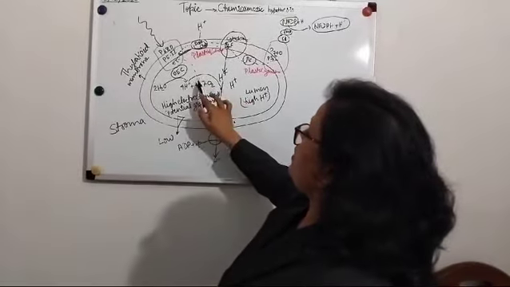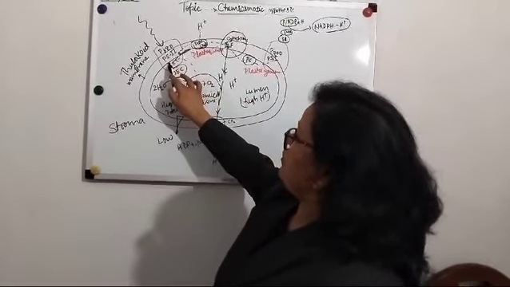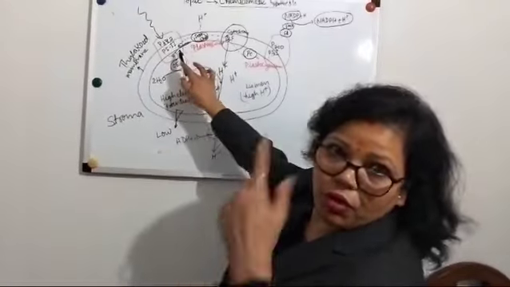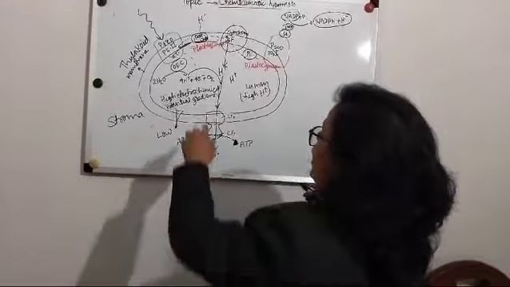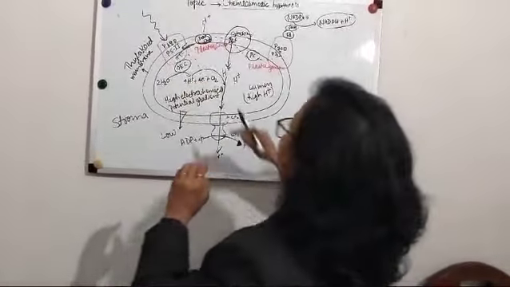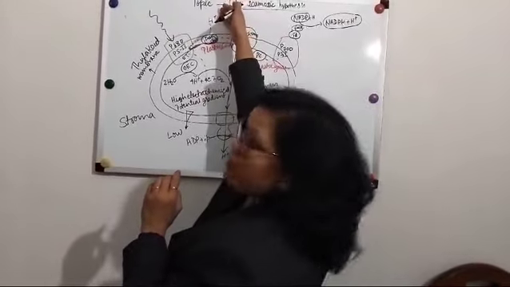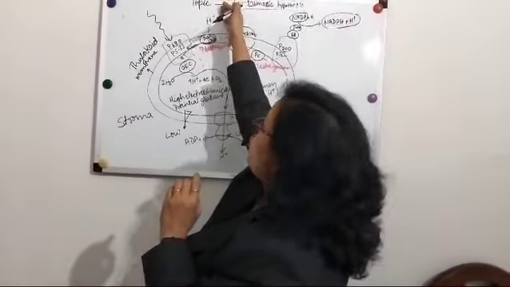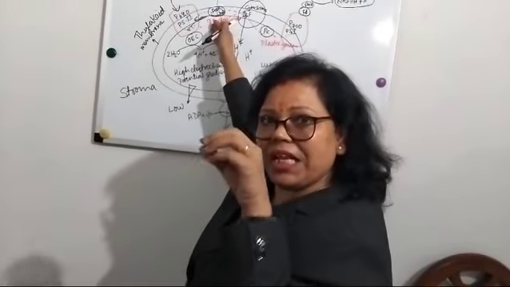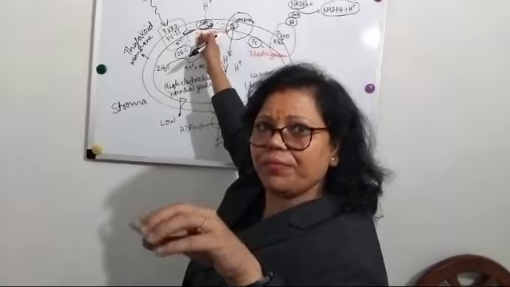This electron is transferred to PS2 for the compensation of the lost electron, and this proton is present in the lumen. Further, proton is pumped from the stroma to the lumen, so it also causes an increase in the concentration of proton inside the lumen of the thylakoid.